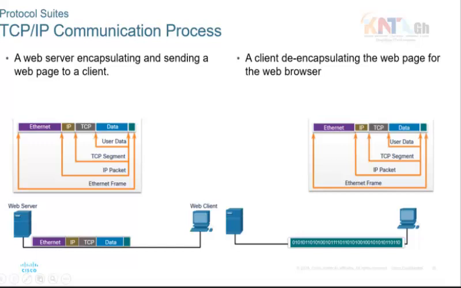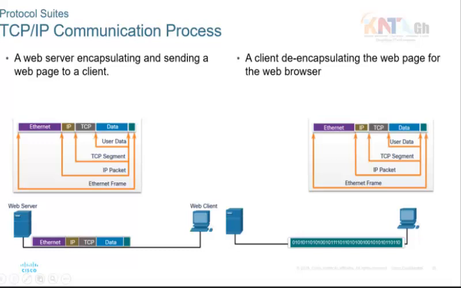The Internet Protocol takes care of the addresses that are given as source and destination addresses. And the Ethernet protocol takes care of data transmission within the LAN. So the server that is encapsulating and sending a web page will send the information with the protocols involved, so that they will take charge and make sure that everything is in place from source to destination.